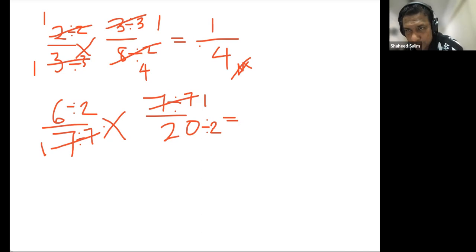Do you know how to do the second one? 6 divided by 2, 20 divided by 2. You cannot divide by 6 because 20 cannot divide by 6.